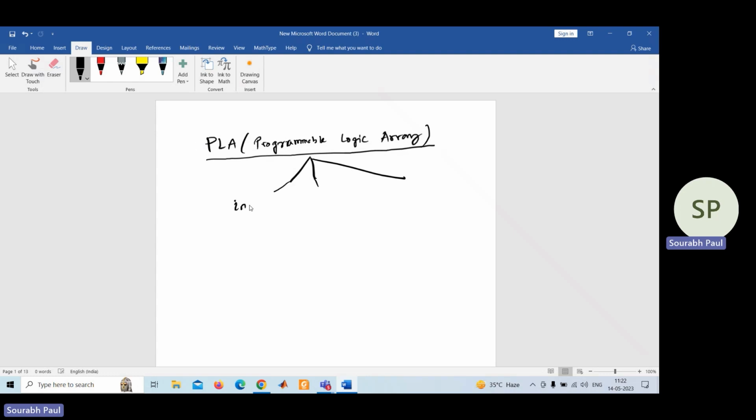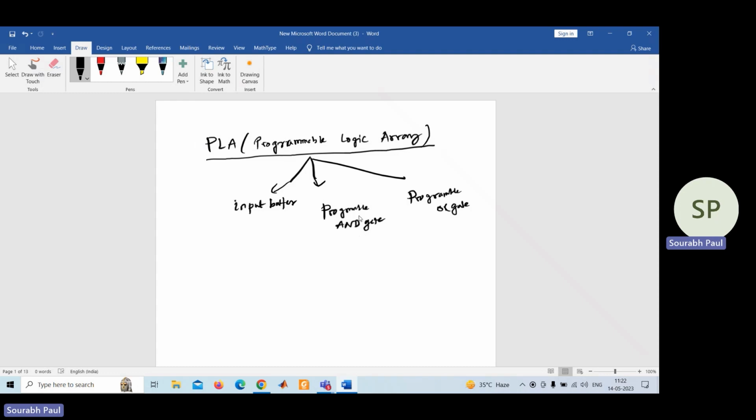One is the input buffer, one is known as the programmable AND gate, and the other is the programmable OR gate. These three things you need to use to implement a PLA circuit.